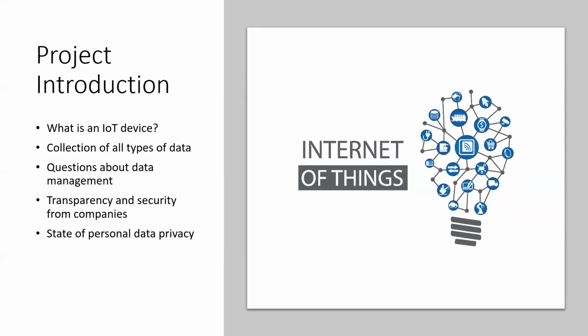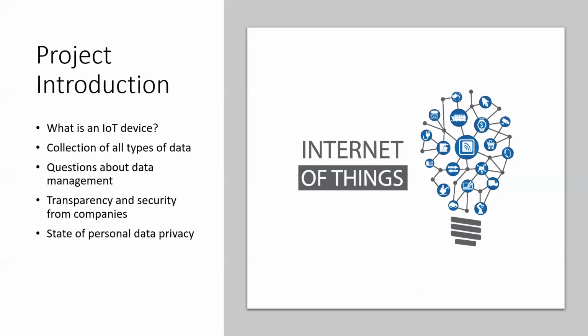These devices collect a lot of types of data, and part of this research was going to determine, as a user, if I could figure out what data was being collected on me and ultimately on an average American consumer.